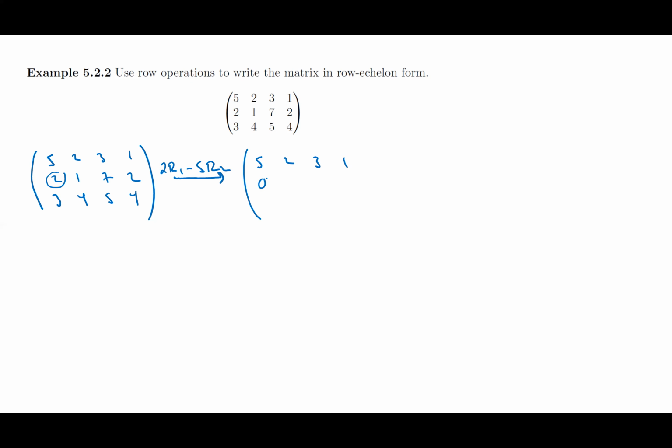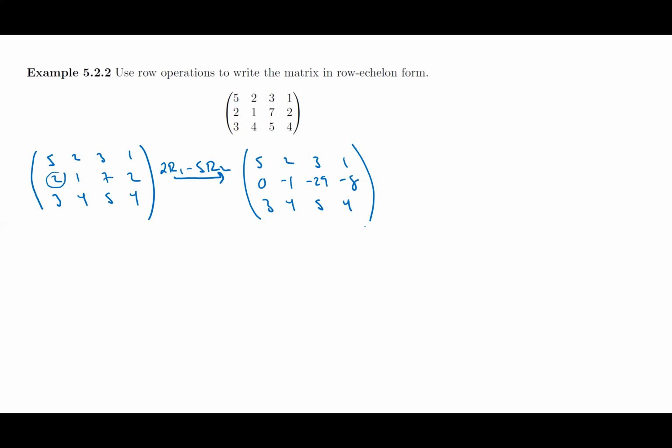And then we're gonna have a 4 minus 5, negative 1, 6 minus 35, negative 29, and 2 minus 10, negative 8. I didn't do anything to row 3, so we have this, okay?